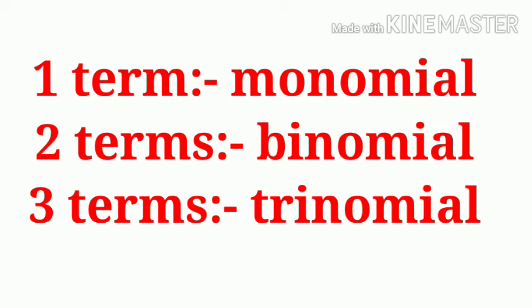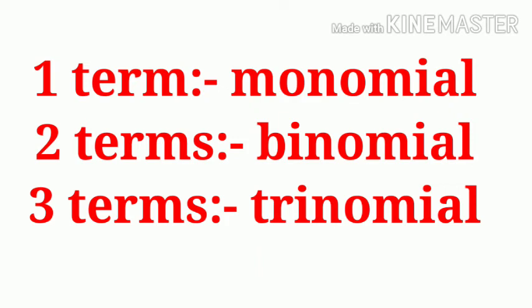Now you already know what is meant by a term, students. So when there is only one term in the polynomial, that is a monomial, two terms a binomial, three terms a trinomial. Students, polynomial means poly, many, when there are many terms, and even these binomials and trinomials are also polynomials.